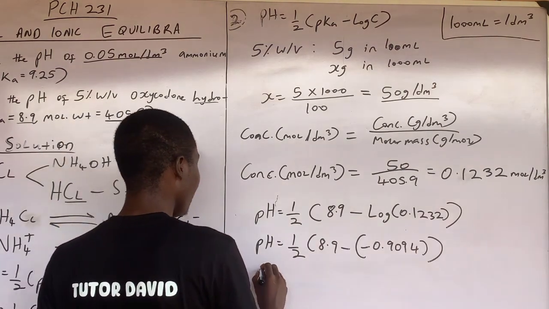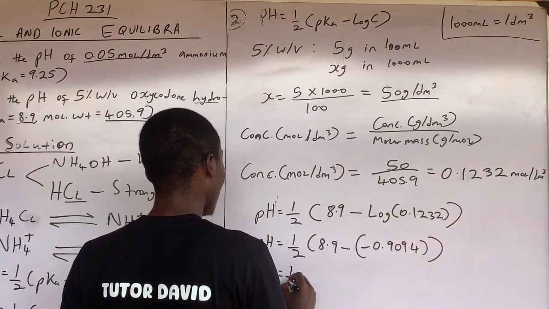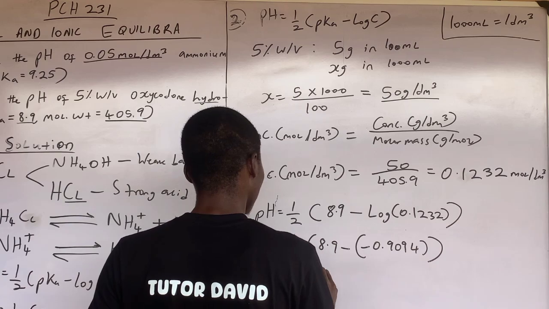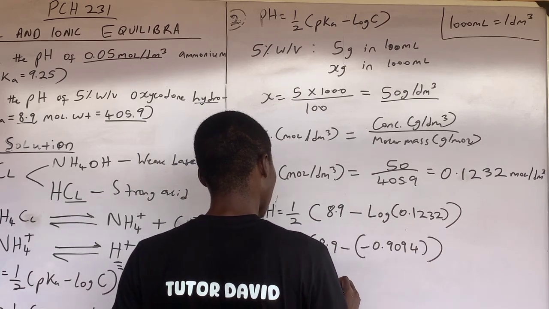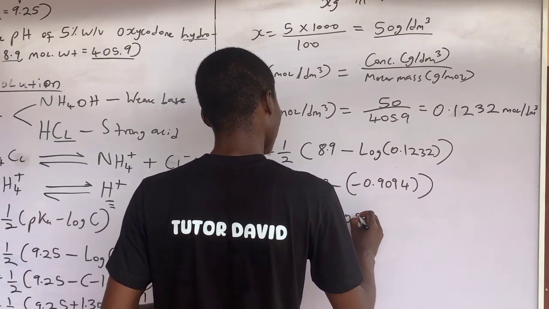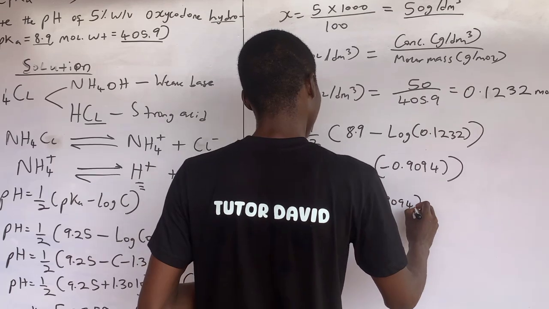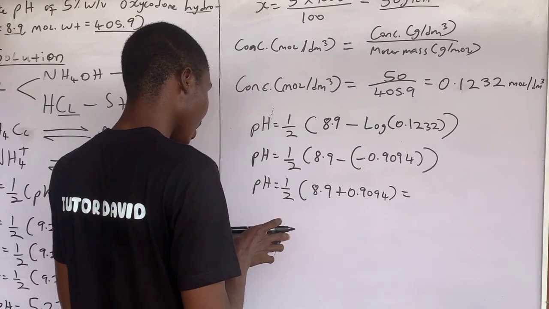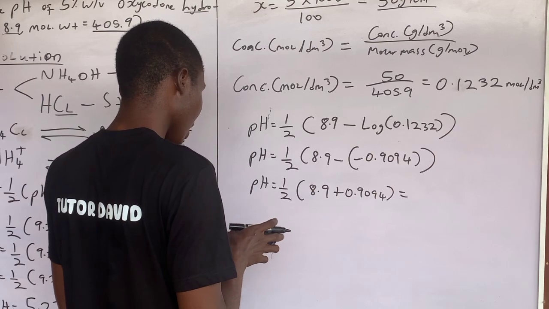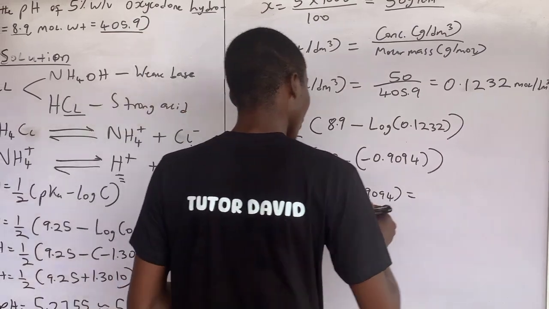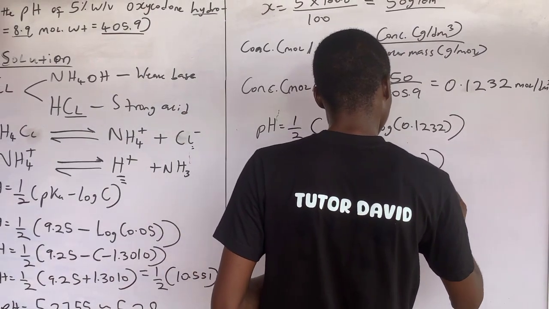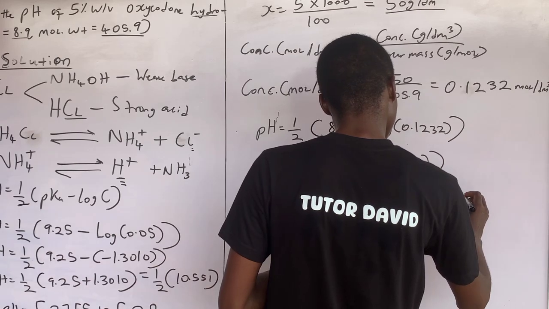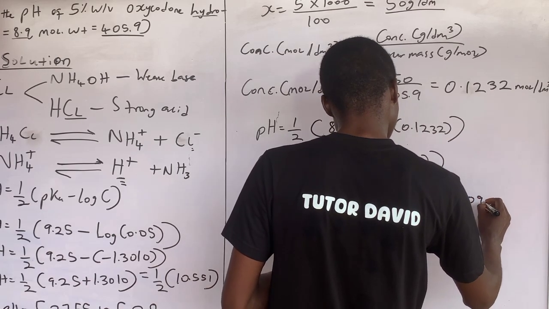So we now have that our pH is equal to 1/2 bracket 8.9 plus 0.9094. So 8.9 plus 0.9094 is going to be equal to 1/2 bracket 9.8094.